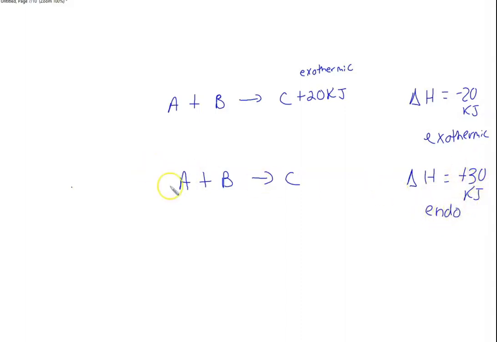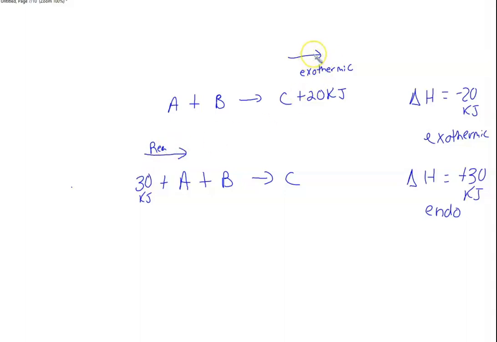So I would take this number and put it over here and make it part of the reactants because it needs to go into the reaction. Here it is exiting the reaction. So if it's an endo, the amount of energy had to be put into the system.